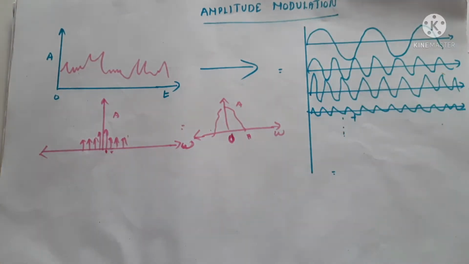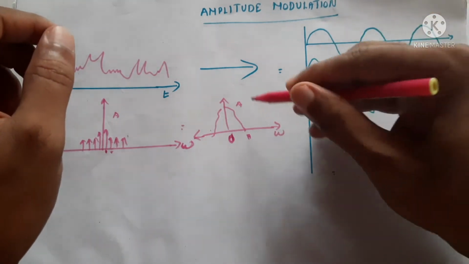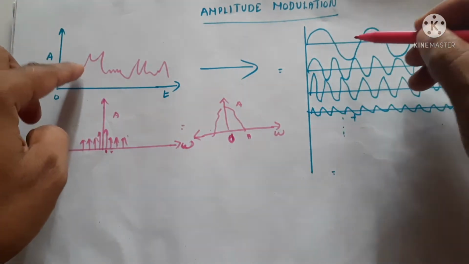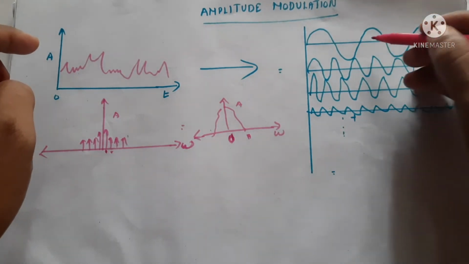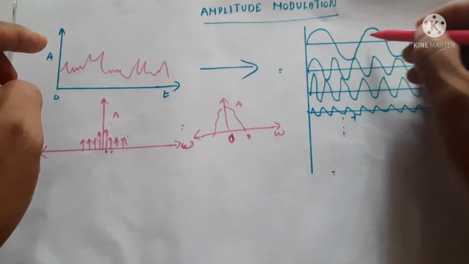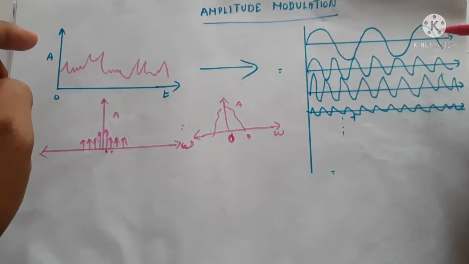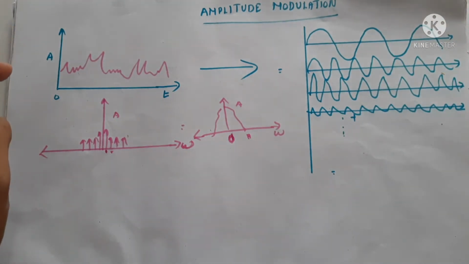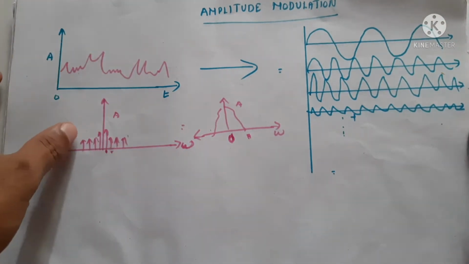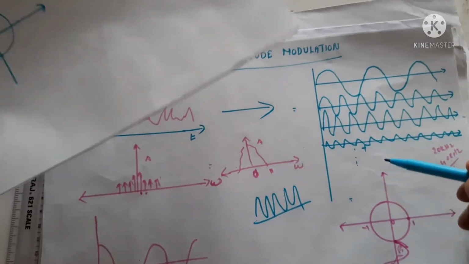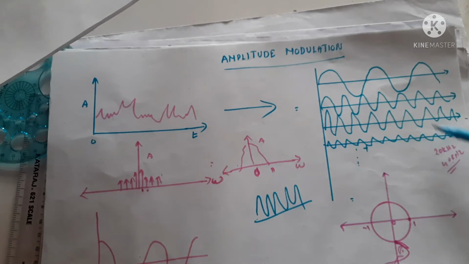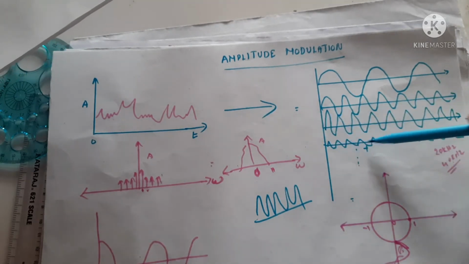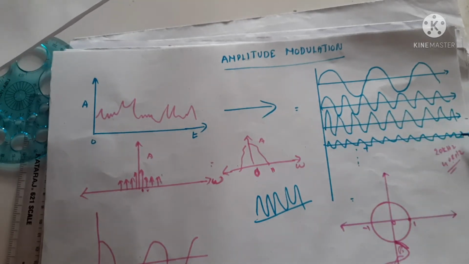What is happening in amplitude modulation? Before that, we say that the voice contains different frequencies. We can represent each of the sine waves in the form of a vector. How can we represent it? Let's consider the highest frequency in this voice signal.